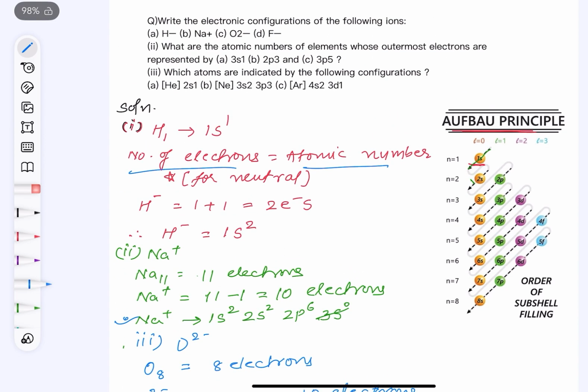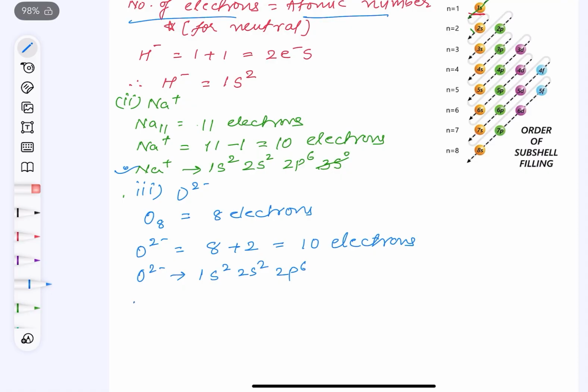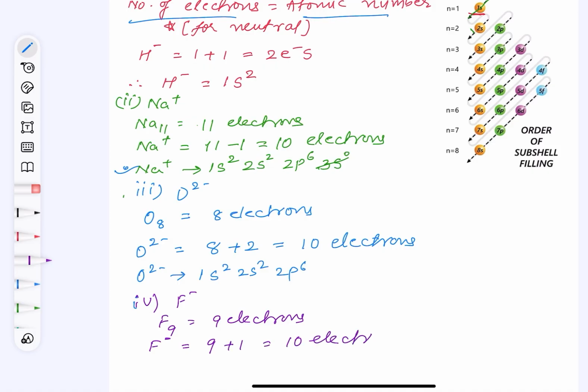Now the fourth one is the fluoride ion, F minus. Fluorine has atomic number 9, so it will have 9 electrons, but we are asked to write the configuration of F minus. Minus means it is taking 1 electron, because only one minus sign is there. So 9 plus 1 gives 10 electrons.